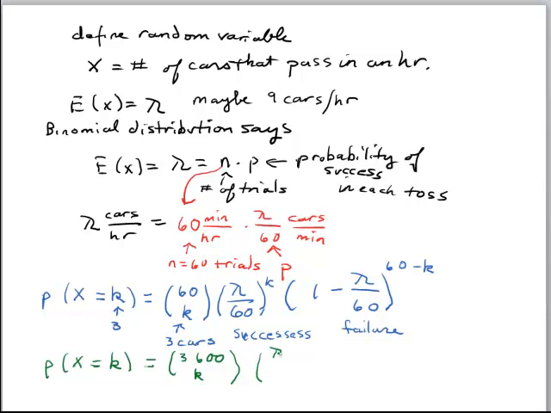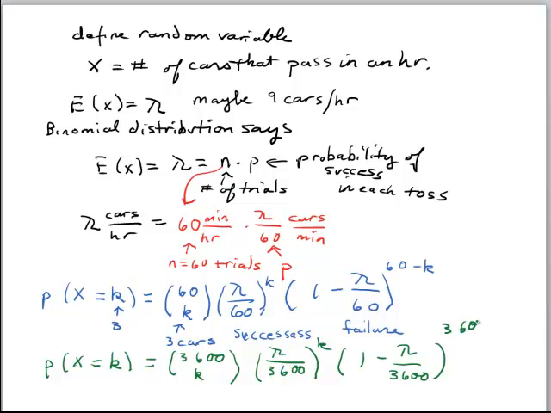So we've got now lambda over 3600 raised to the k, and then 1 minus lambda over 3600 to the 3600 minus k. So we've got a little bit better approximation, and this one is again saying that k cars pass in those 3600 seconds.